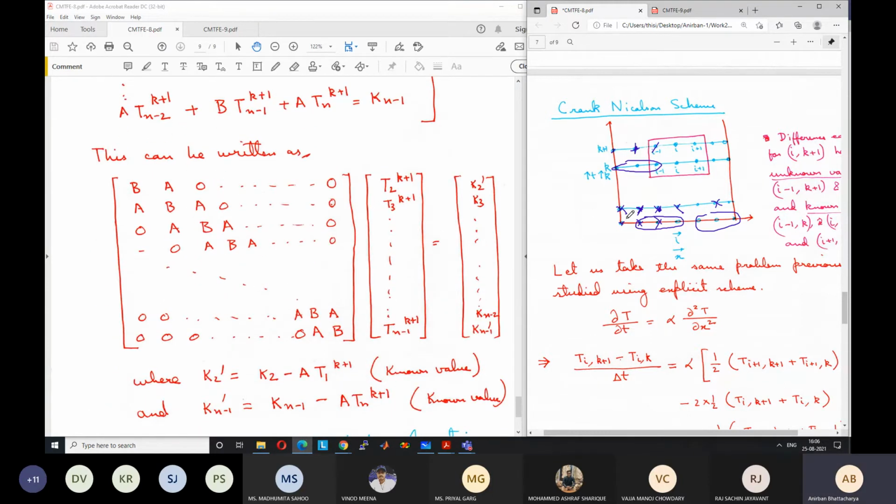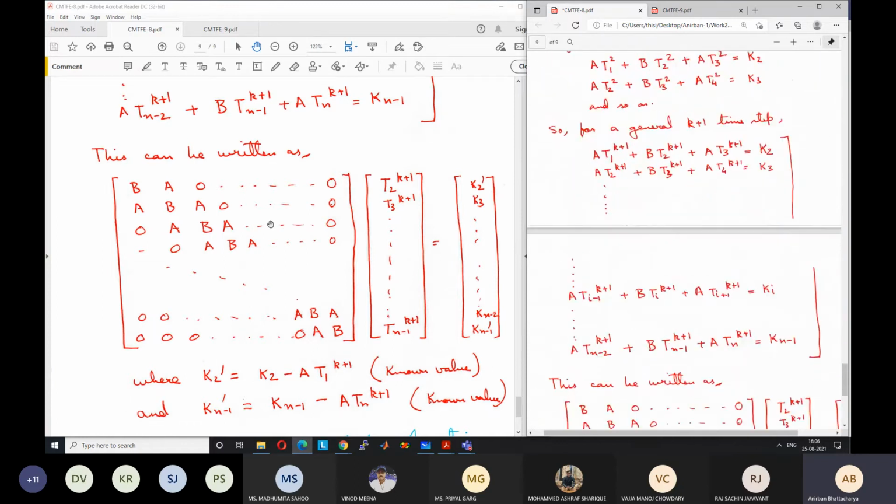Okay. If you write in the matrix form, let us show the equations here so that you can compare. For the first equation, for T equal to 2: B into T2 k plus 1 plus A into T3 k plus 1, this term, is equal to K2 minus A T1 k plus 1, which we can write as K2 dash.